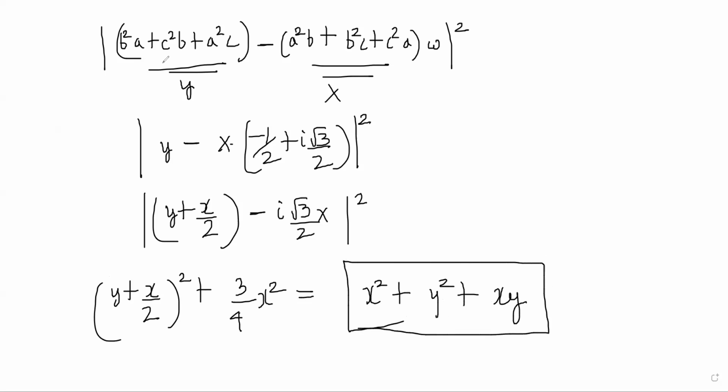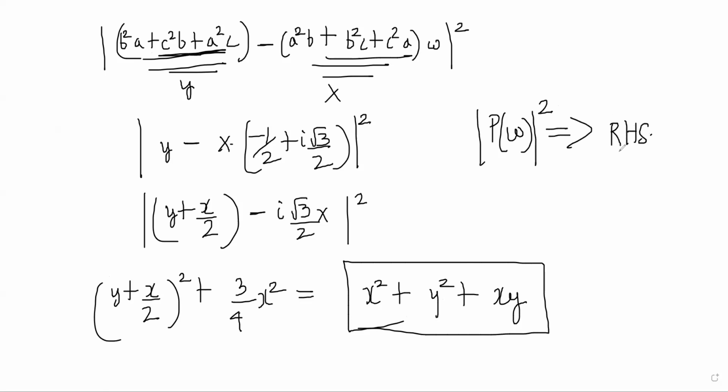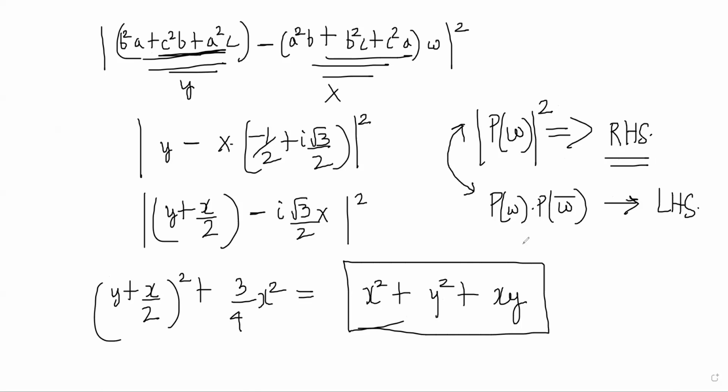When you put back your x and y as these things, we are getting the result that mod of p of w whole square is the RHS of the thing that we wanted to prove. And the LHS we have already shown that p of w times p of w conjugate was the LHS. And since from the previous problem we know that these two things are same, we have established the proof.